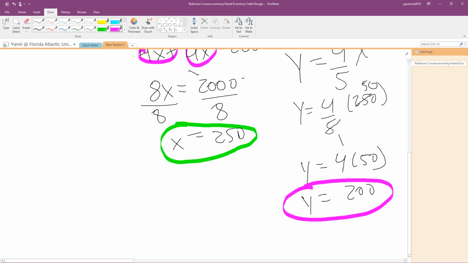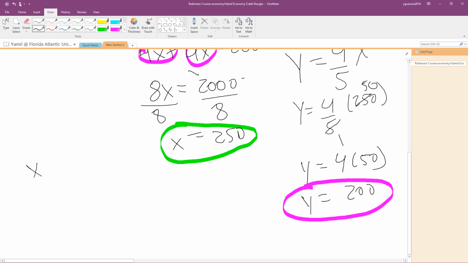Okay, now that we know that, now we can actually find the optimal allocation of labor to good X and good Y that's going to maximize the utility of this consumer. So let's do that. Remember our production function for X? It equals X equals 5 LX. Guess what?